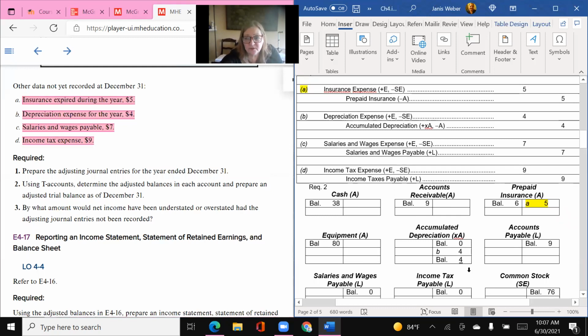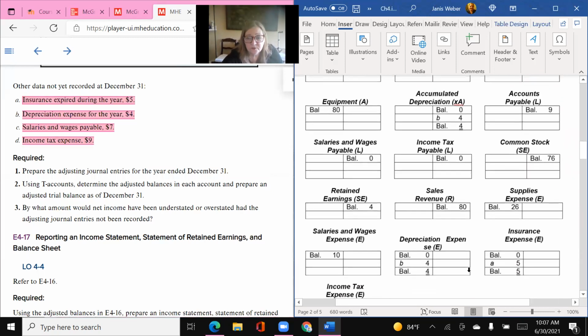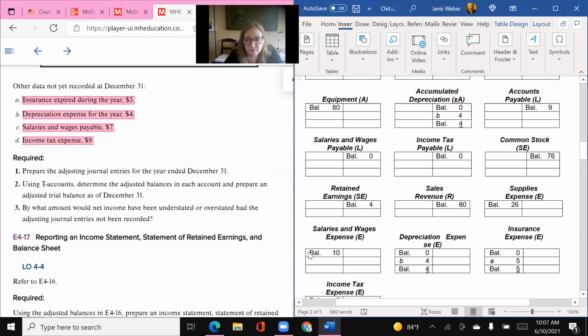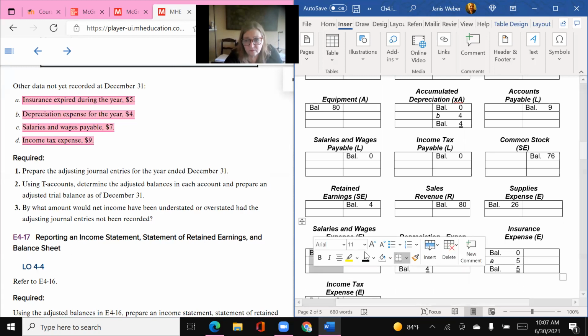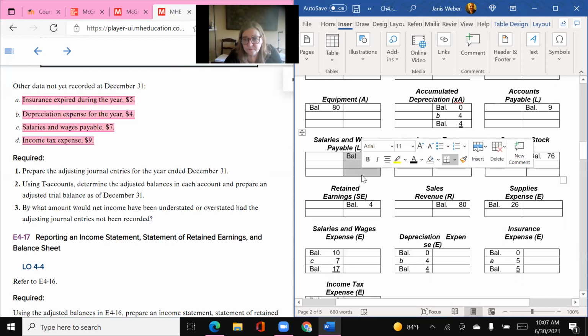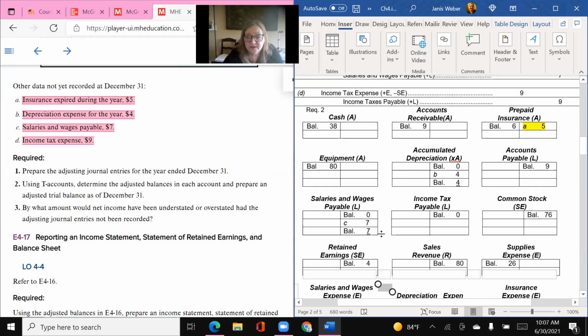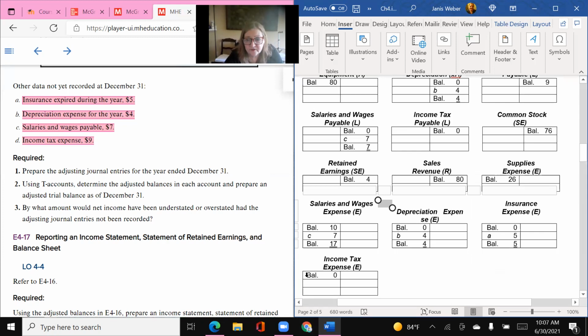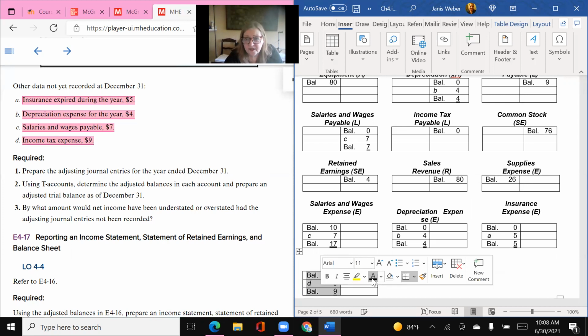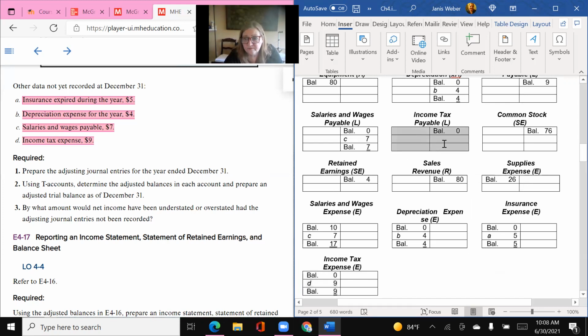Then C, debit salaries and wages expense, credit salaries and wages payable, for the 7. Then the last one, income tax expense takes a debit, and it's down here. Income tax payable takes the credit.